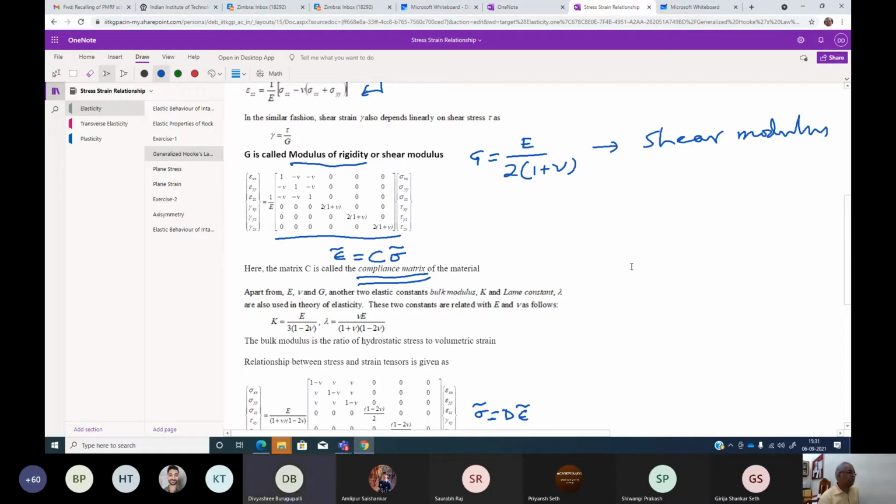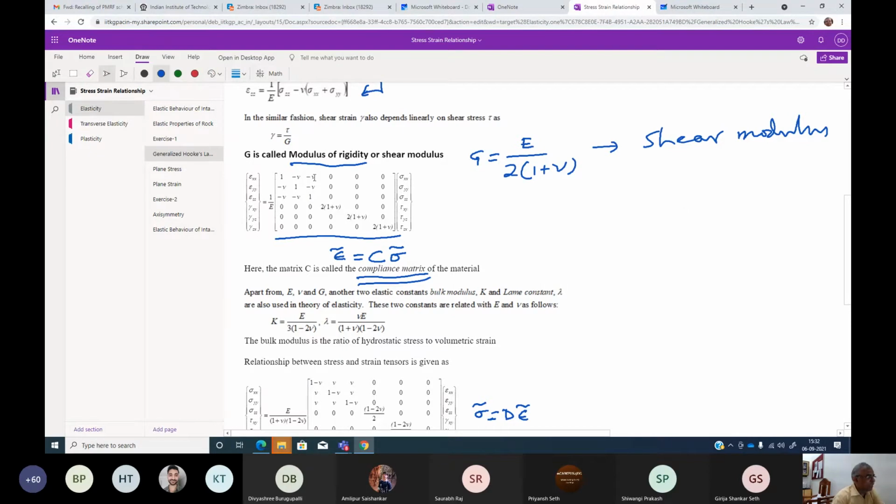Anybody see any property? Symmetric matrix. Symmetric. Okay, so symmetric matrix first. And second thing, we call it positive definite matrix. All the diagonal positions will be non-zero, and non-zero and positive. They will not be zero.